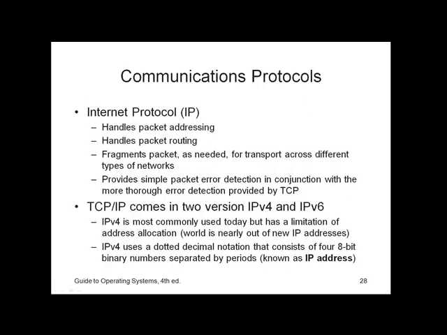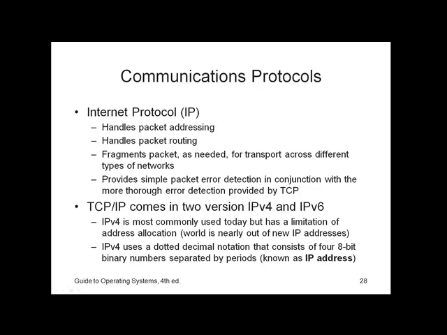Internet Protocol handles the packet addressing. It also handles the packet routing, and it's responsible for fragmenting that packet as needed for transport across different types of networks. IP also provides simple packet error detection in conjunction with the more thorough error detection provided by TCP.